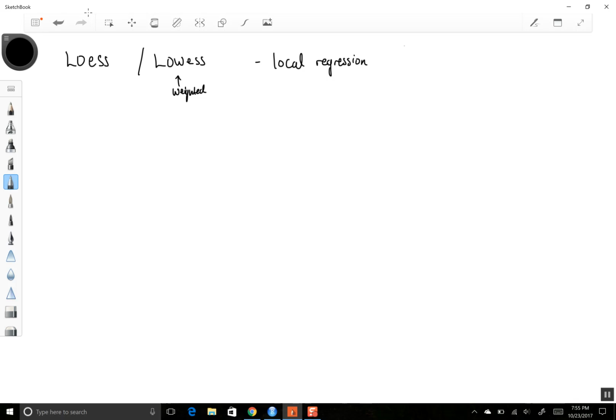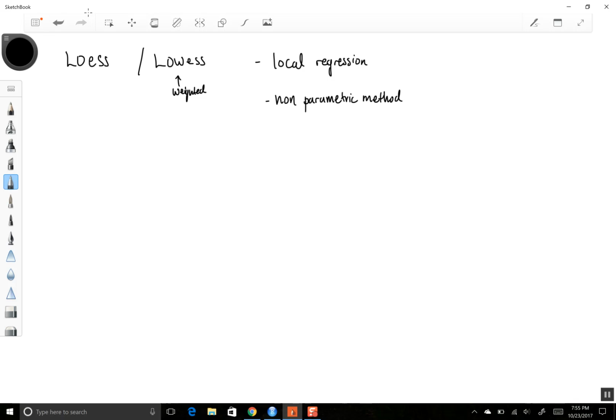You can think of it as eyeballing a smooth curve through the data. It's a nonparametric method, so we're not going to get a closed form, like y is equal to some equation of x.